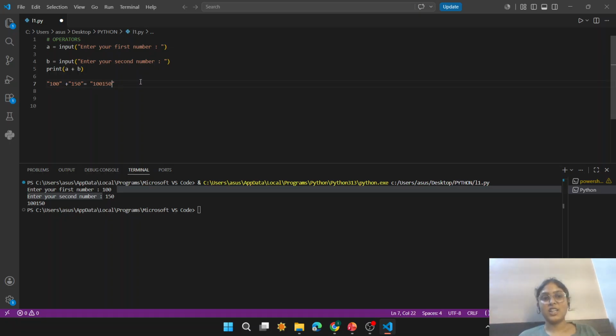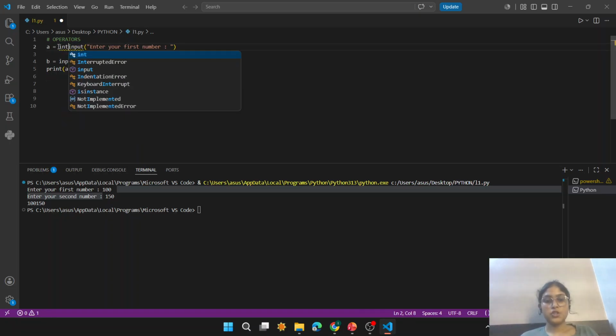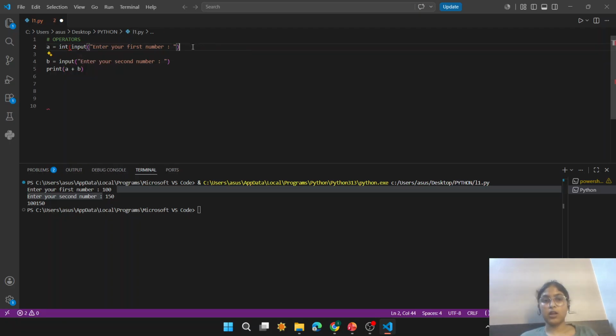This is not addition because we are adding two strings, not two numbers. To fix this, we will convert these inputs into integers so that we get the correct calculation.